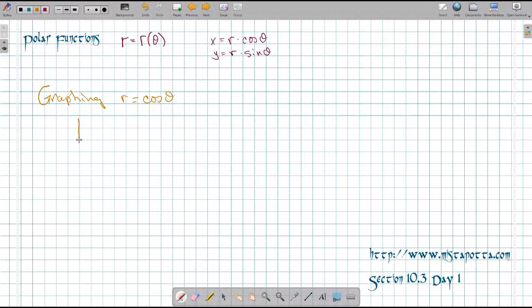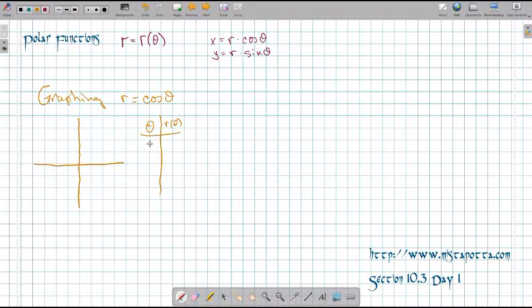I need to look at it from the context of theta being my independent variable, and r of theta being my dependent variable.